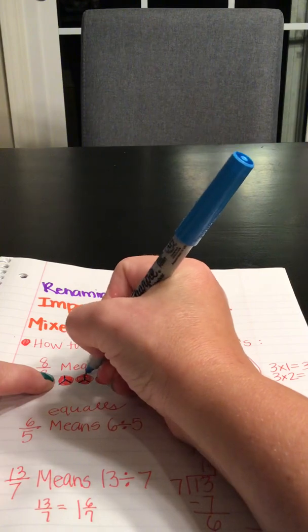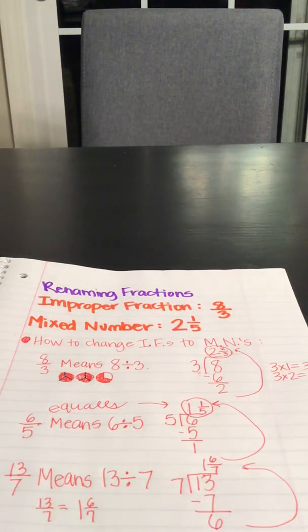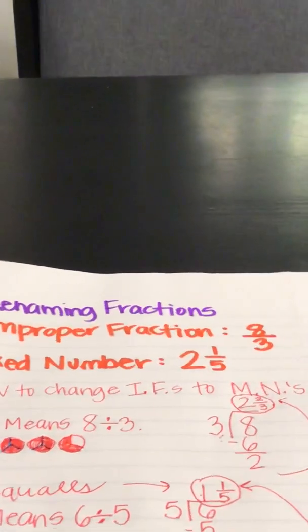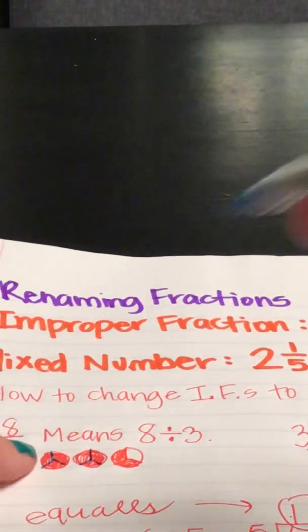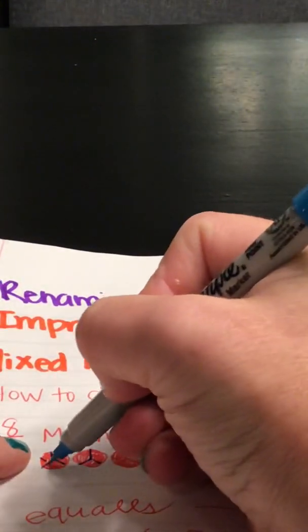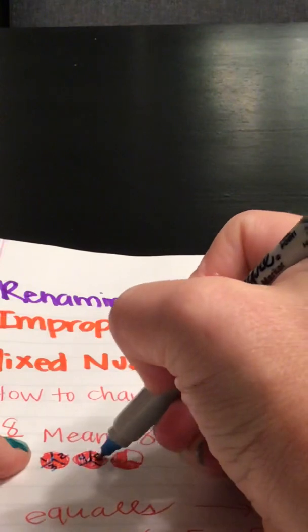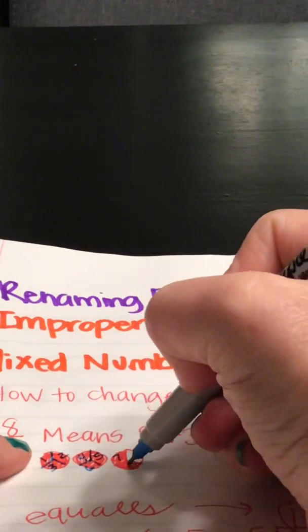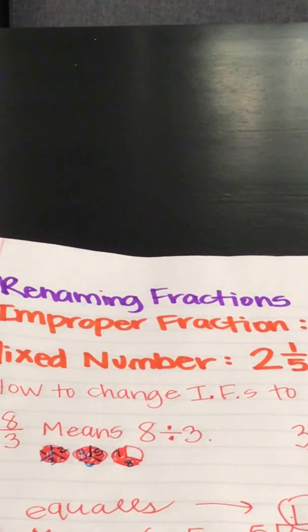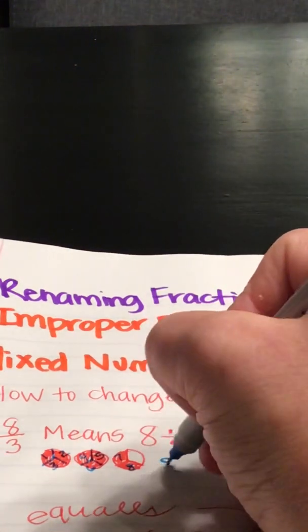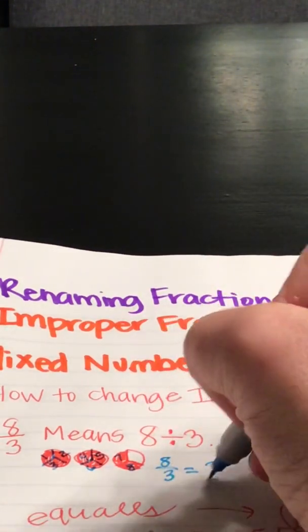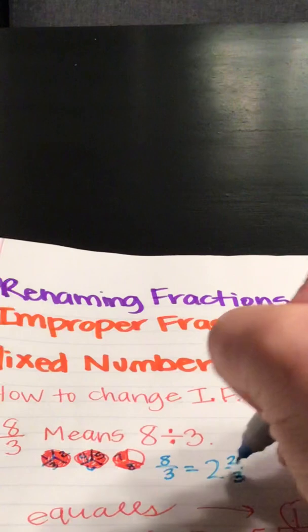All right, so there we go. Let's count how many thirds we have filled in. I'm going to zoom in on this. 1, 2, 3, 4, 5, 6, 7 and 8. It is the same thing. 8/3 equals 2 2/3.